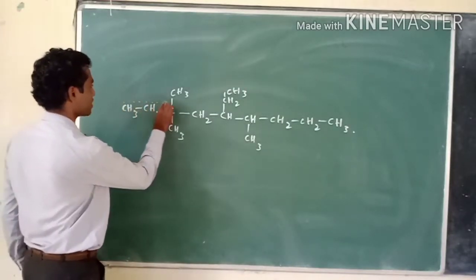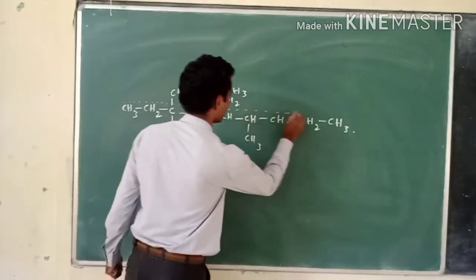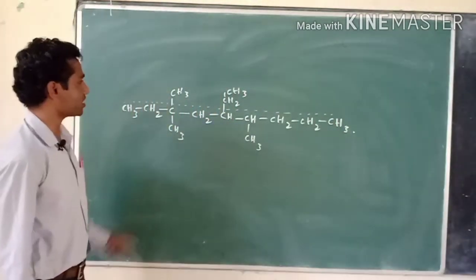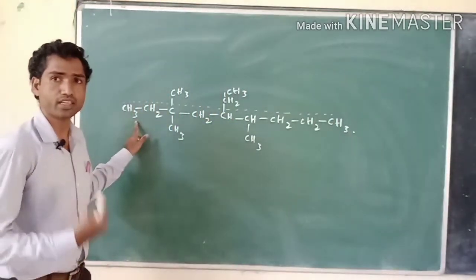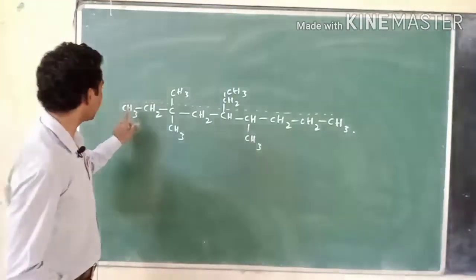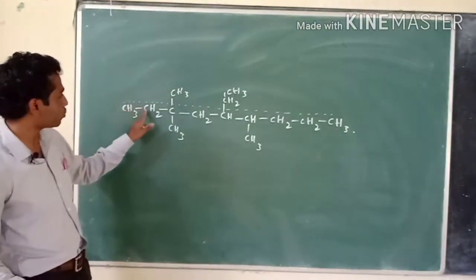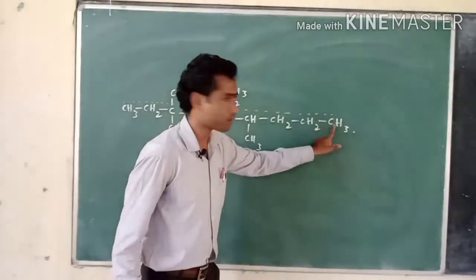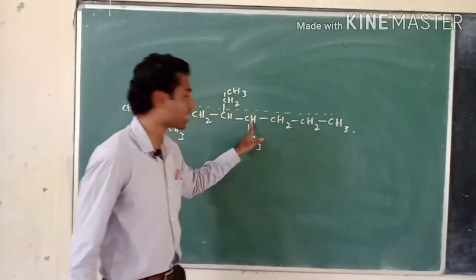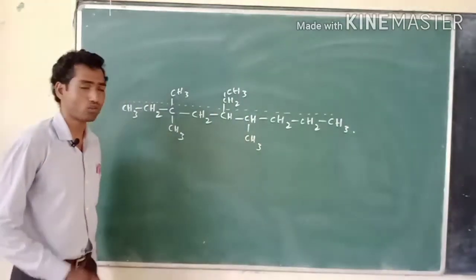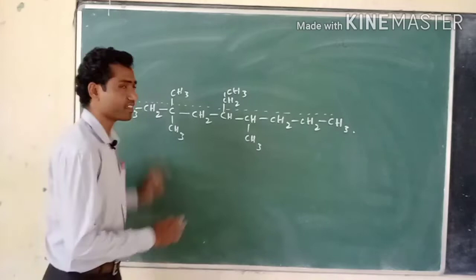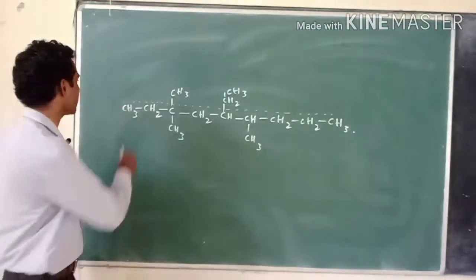The straight chain is the longest carbon chain. Now the next rule is to number the longest carbon chain in such a way that the least number is given to the carbon bearing the substituent. If I start numbering from this carbon, 1, 2, 3, the third carbon gets the substituent. If I start numbering from the other end, 1, 2, 3, the fourth carbon gets the substituent. Therefore, numbering from left to right is the correct way of numbering the molecule.